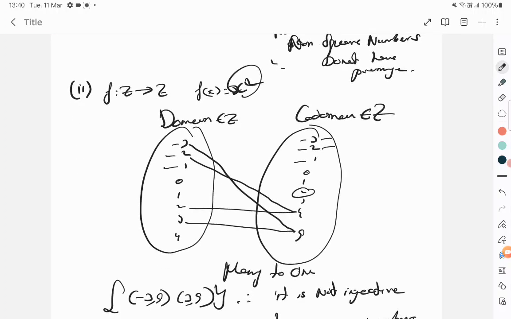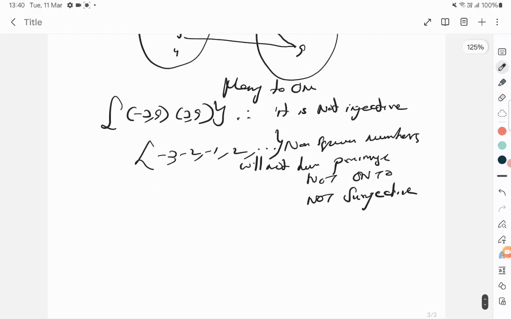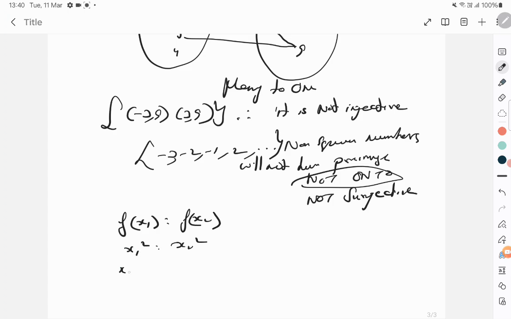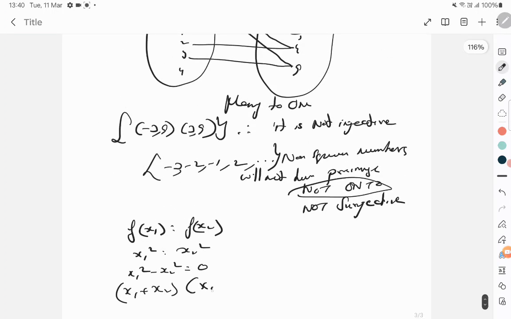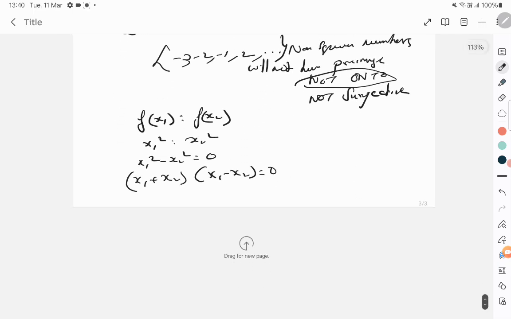But in case they ask you to prove that it's not onto, you leave it. When it is not onto, you don't have to prove it theoretically. Theoretically, if you're going to prove it's not 1 to 1, you know f of x1 is equal to f of x2. x1 square is equal to x2 square. x1 square minus x2 square is equal to 0. x1 plus x2 into x1 minus x2 is equal to 0 in an integer.